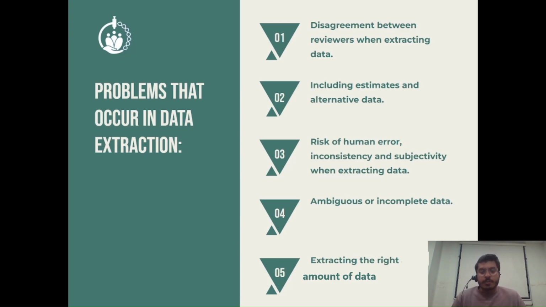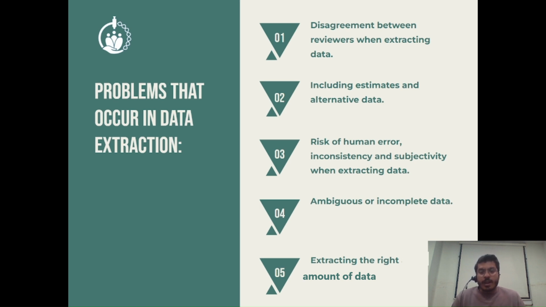Of course, the first step is to involve your fellow independent reviewers in this discussion and reach a conclusion regarding that particular data set. And the last is extracting the right amount of data. It's very difficult to come to a conclusion regarding how much data you want to extract, right? When you're starting data extraction, you're basically just trying to understand what the data sets are, and you're extracting as much information as possible.